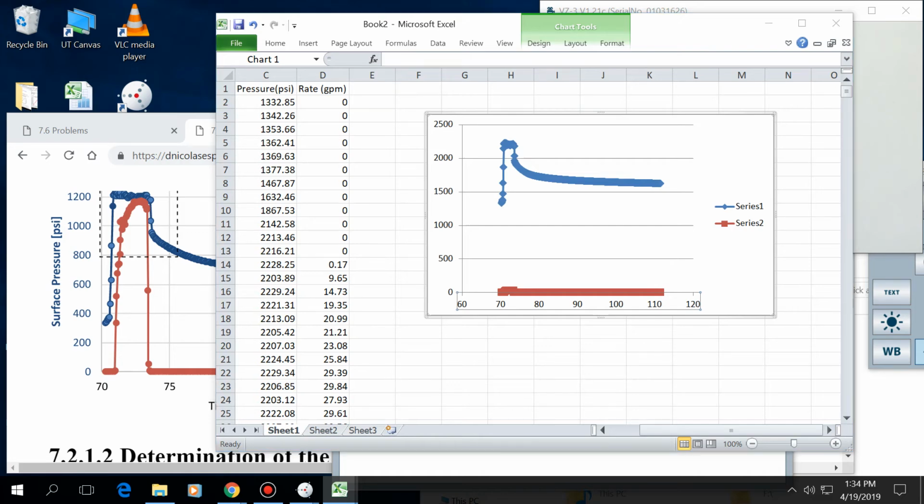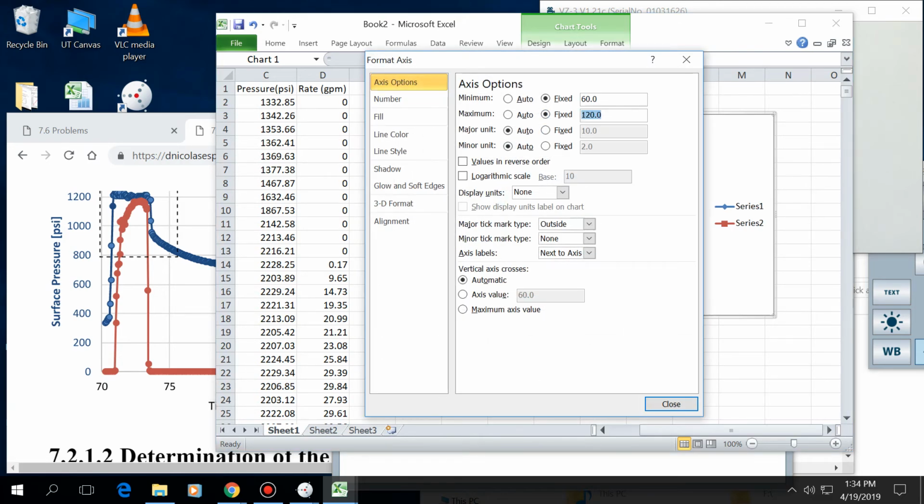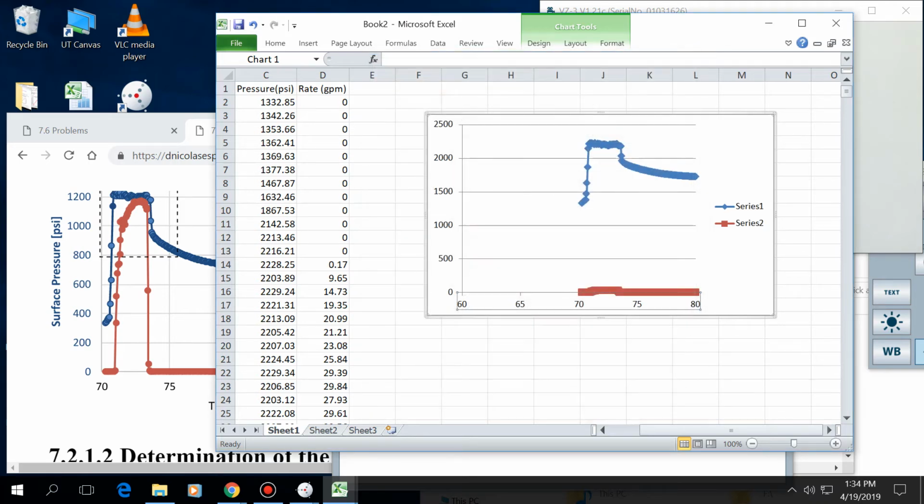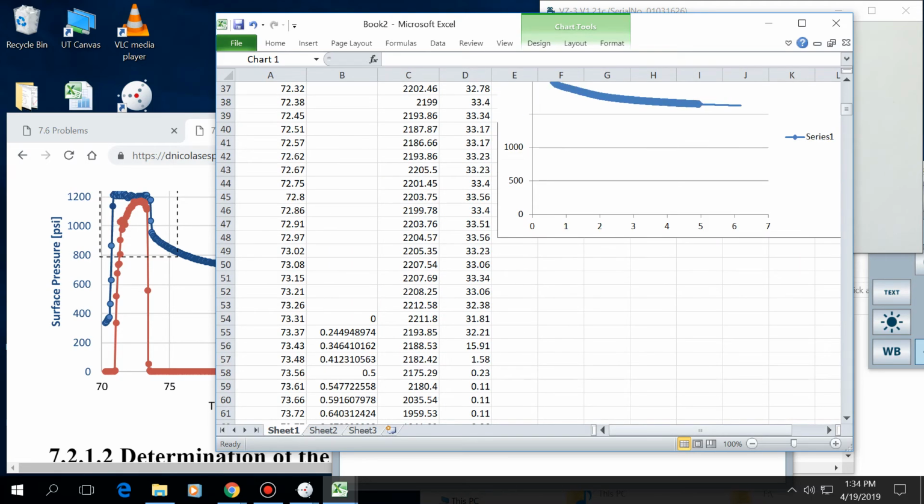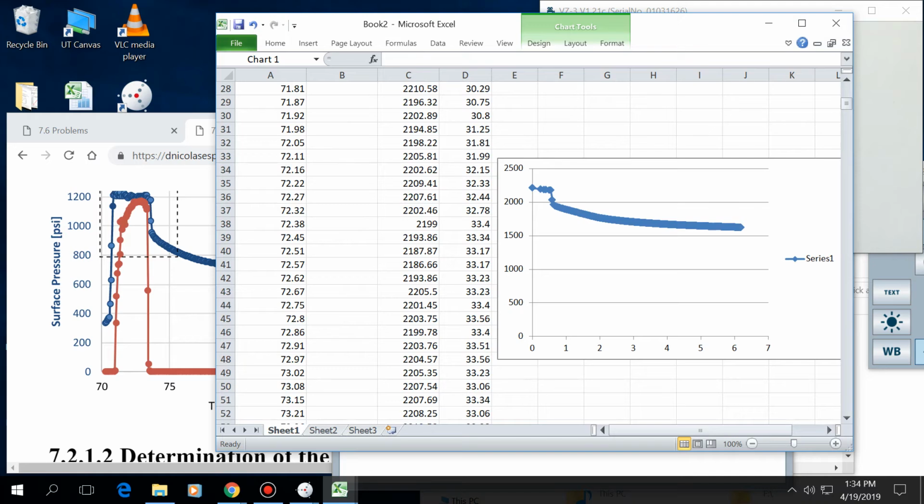Because from here it looks like it's taking some of those points in here.